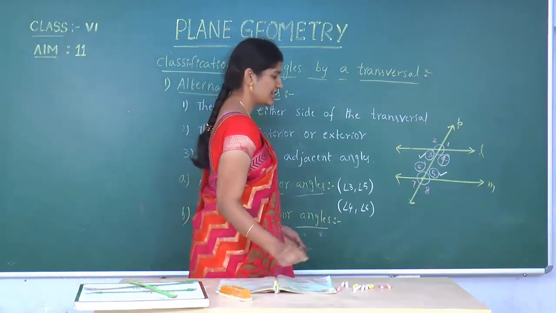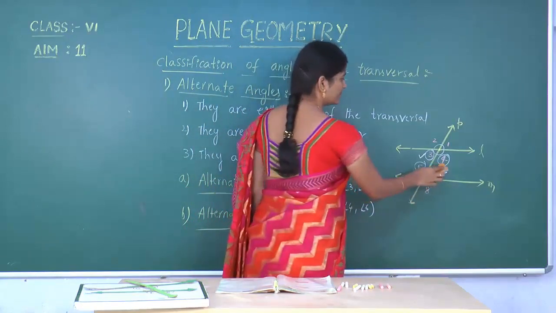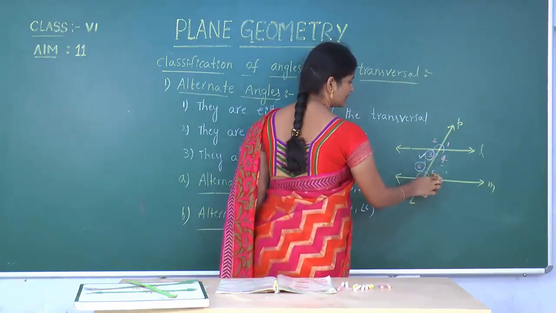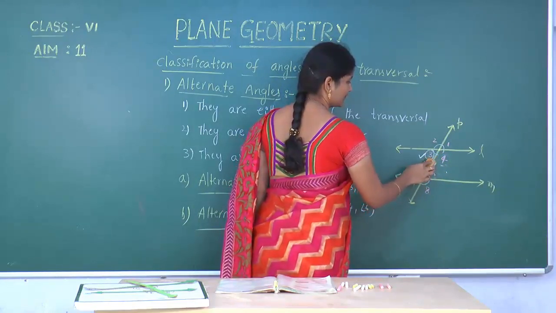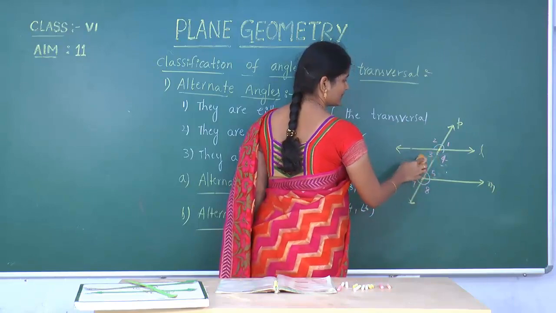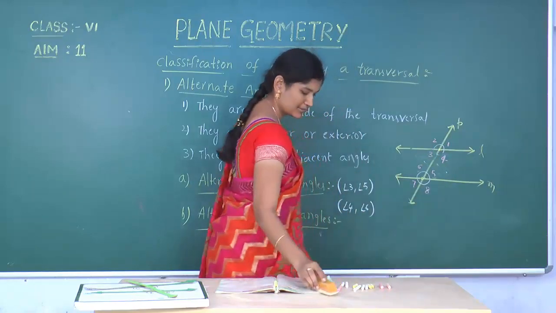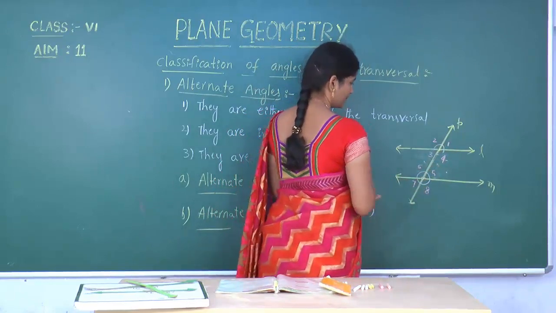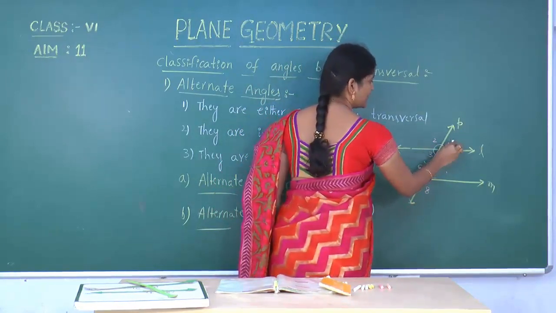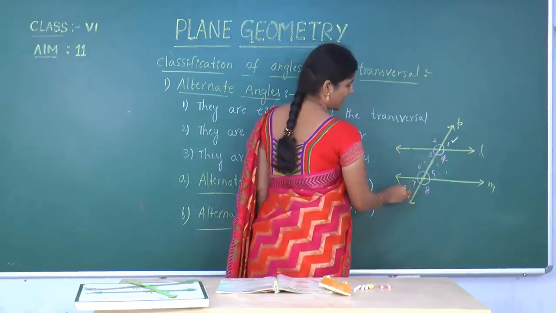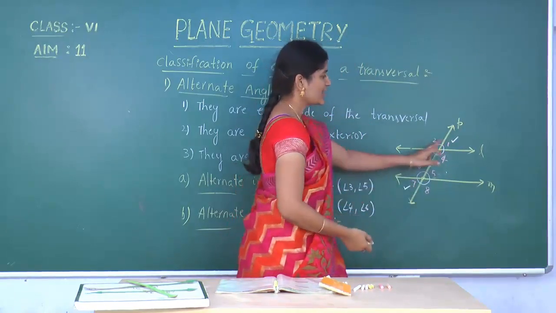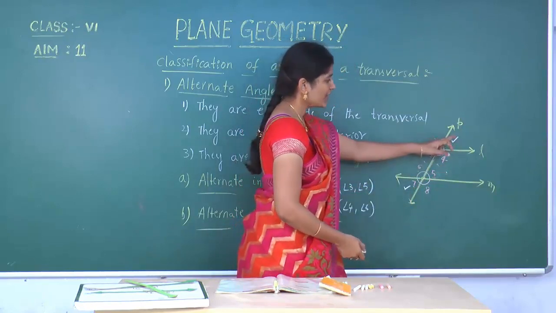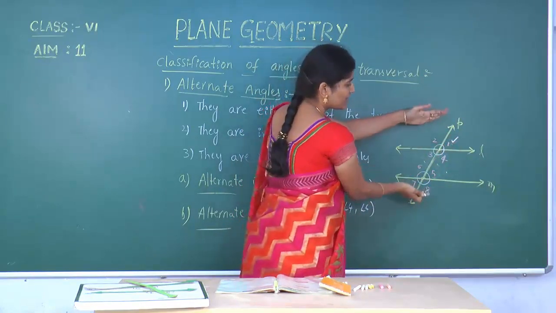And here, see in this figure, 1 and 7. 1 is that side and 7 is this side. So here 1 and 7 are exterior angles.